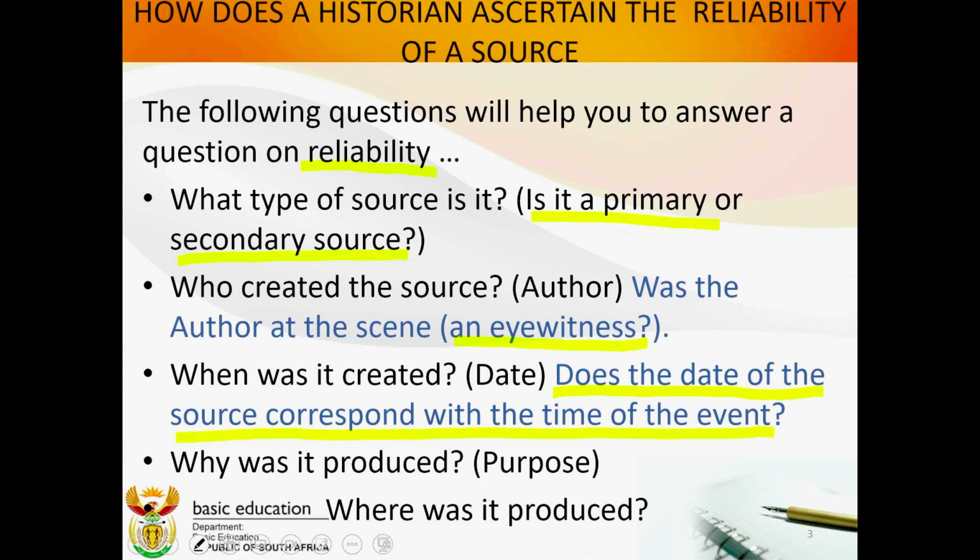Then a learner will be able to say this source is reliable because it was during the TRC years. Why was it produced? That was the purpose. Where was it produced? So in other words, it is easy to say that the source is reliable, provided it is a primary source.